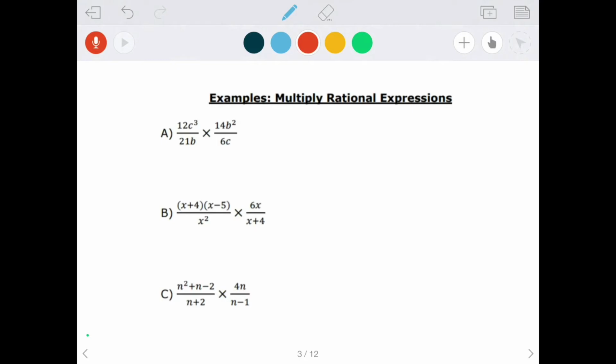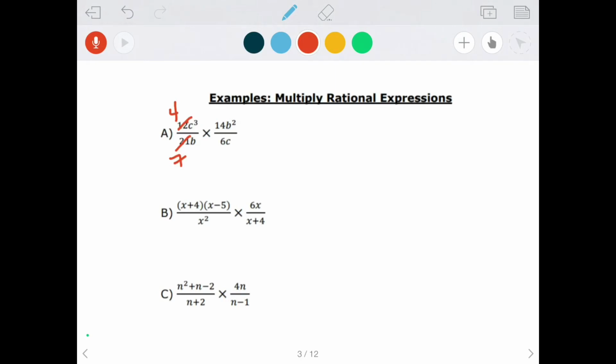I know that some of you are already interested in reducing some of these terms, so let's do that. 12 and 21 both can be divided by 3, so I'm going to reduce that to 4 over 7.